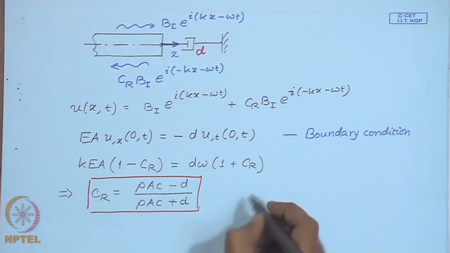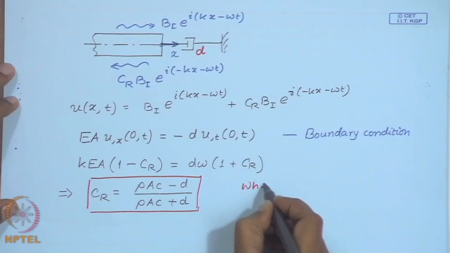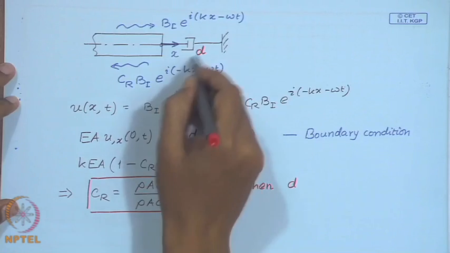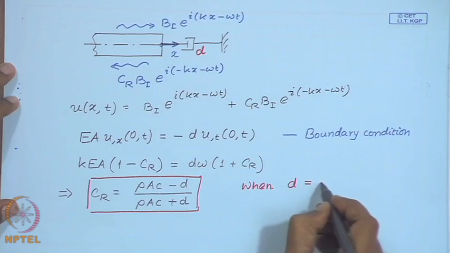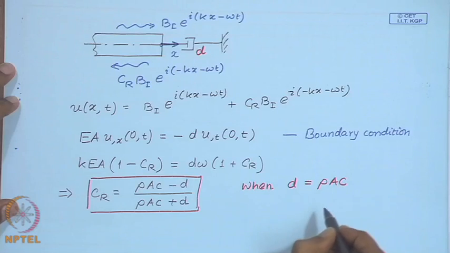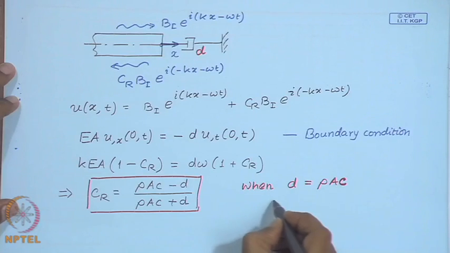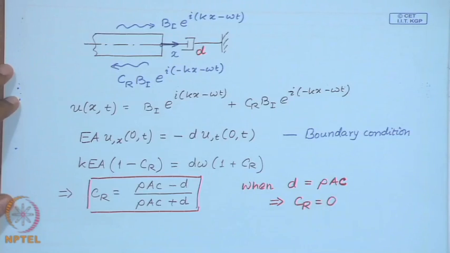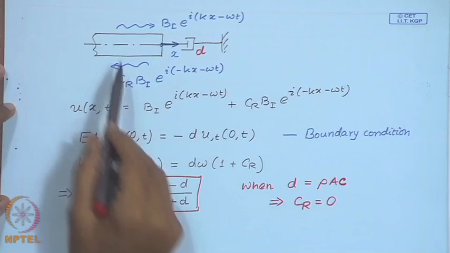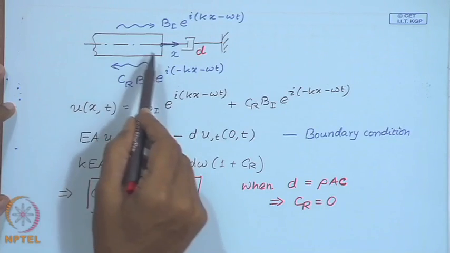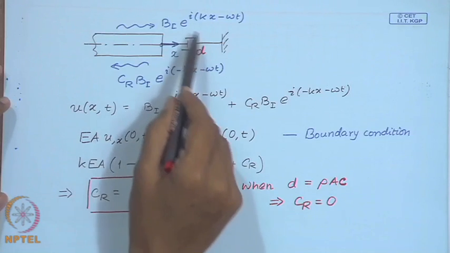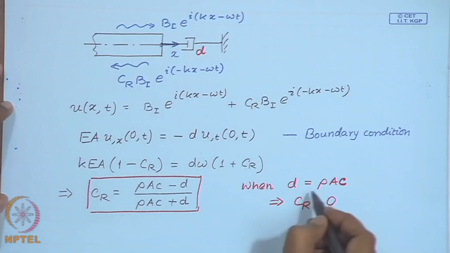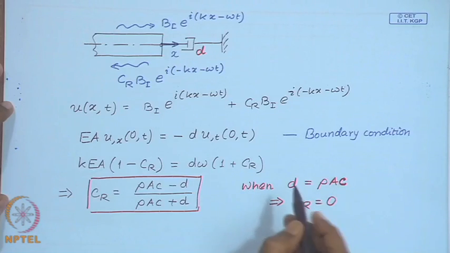When d, the damping coefficient of this dashpot, equals rho a c, the reflection coefficient goes to 0, which means there is no reflection in the bar. So, the wave comes and gets completely absorbed in the damper. Now, what is this special value of d?